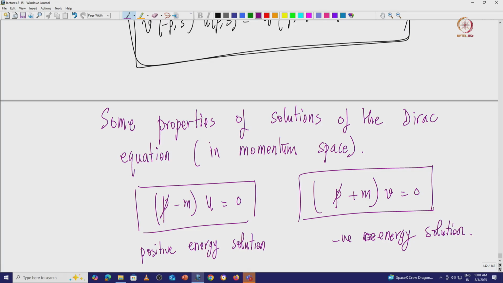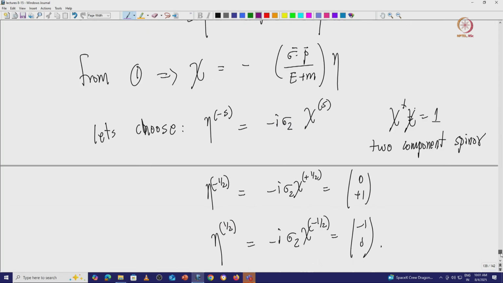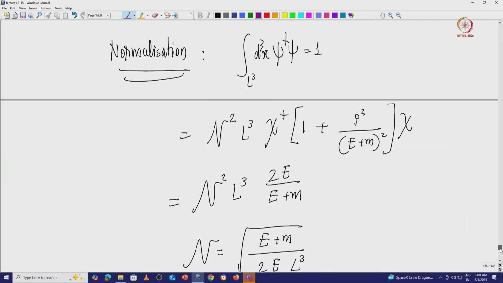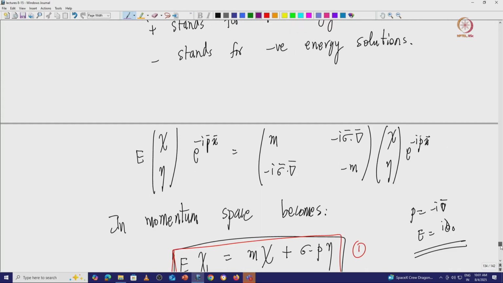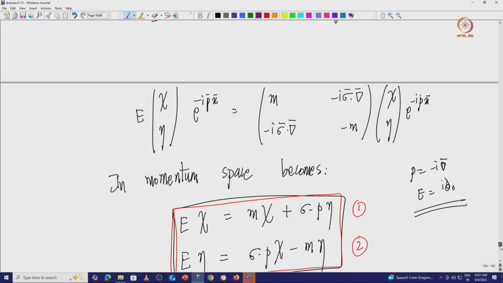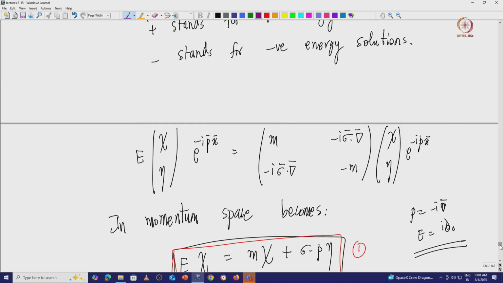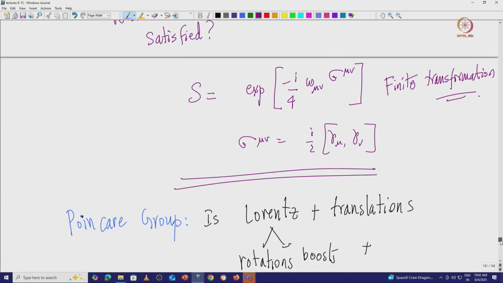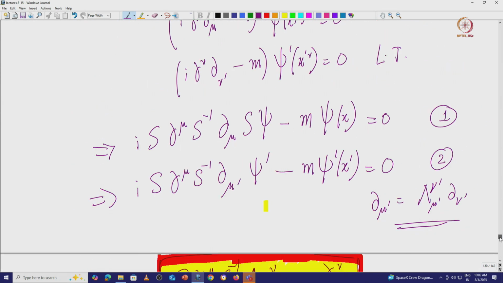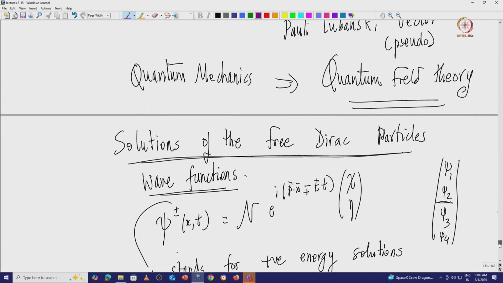Remember, p slash is a matrix and m multiplies the column vector. We have seen this in great detail here. This sigma dot del bar we have made into p slash, and we have seen the form of this p slash in the beginning also.